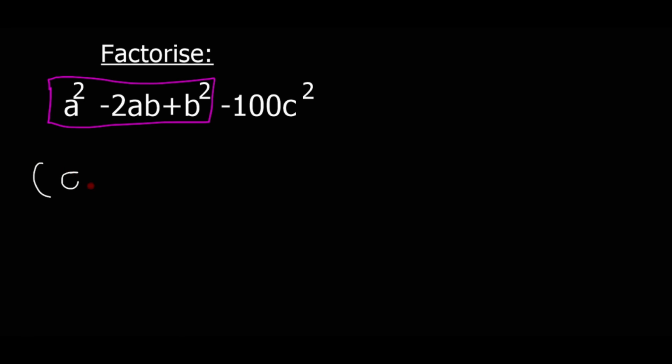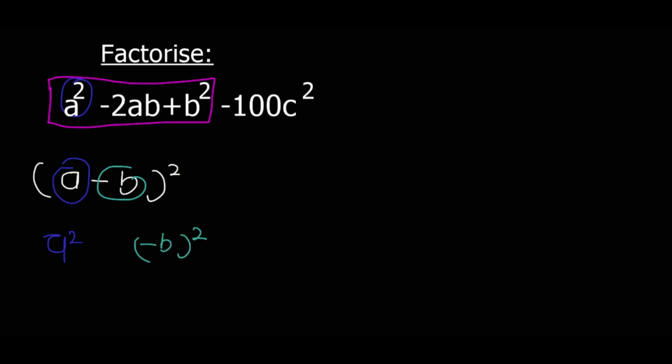a minus b squared. We know that when they give us something like this one, we square the first term, and when we square this first term we get a squared, and then we square this last term, so this means we have minus b squared.